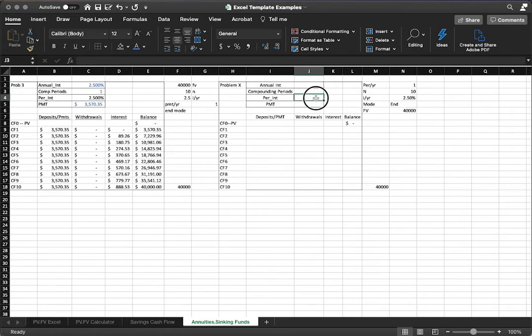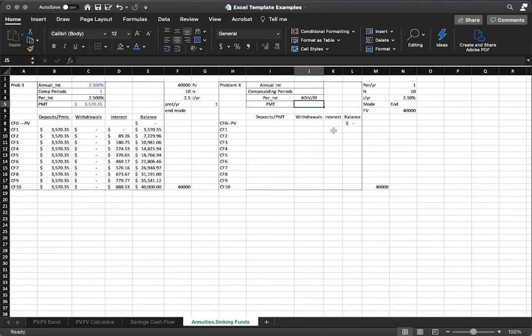Our periodic interest is going to be a result of this equation divided by compounding periods. Okay. And it's going to give us that error because there's no numbers in there yet. And then our payment, that's actually what we're going to solve for. At some point you might put an equation here, but for right now we're not, because we're going to use goal seek to find that.